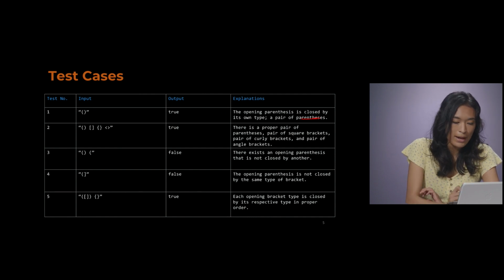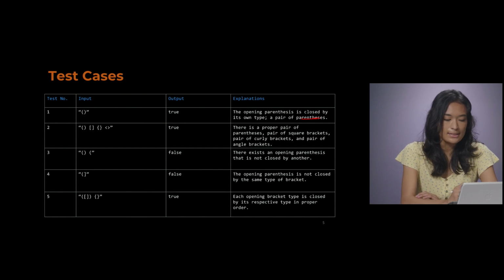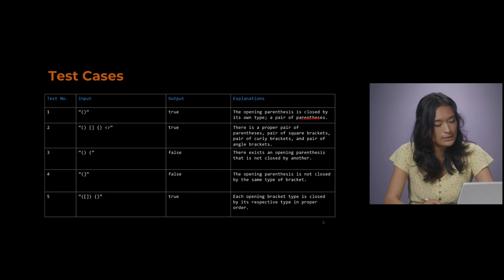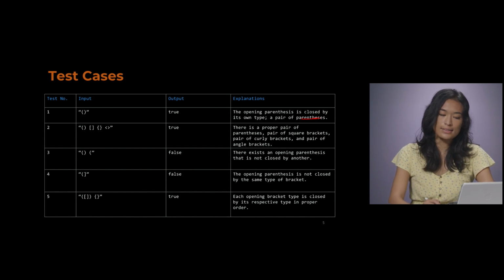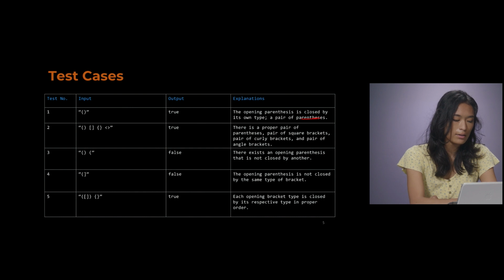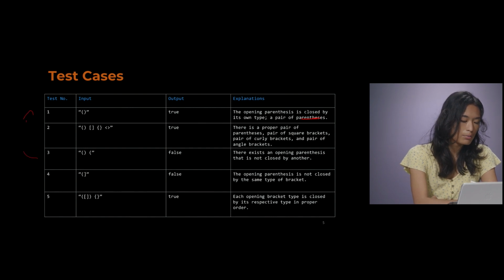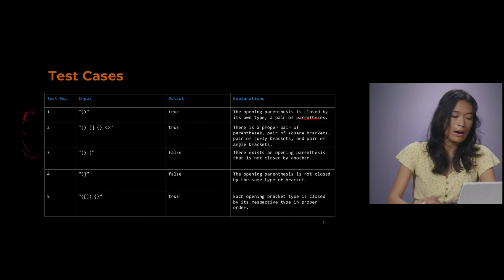So we have a proper pair of parentheses, square brackets, curly brackets, and angle brackets. So we return true. For our third test case, we have a pair of parentheses, just like test case 1. So far, we've got a true output.